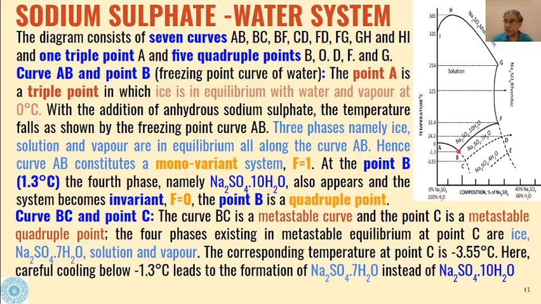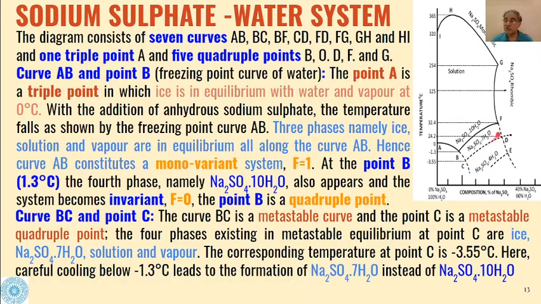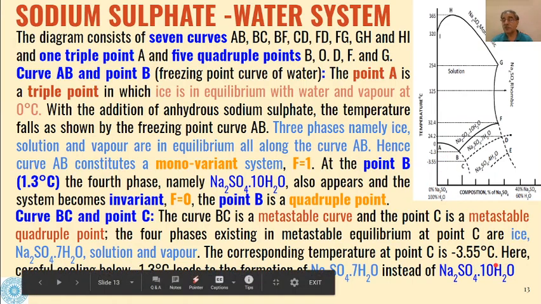From point B to point C, this curve shown by a dotted line is a metastable curve, and point C is a metastable quadruple point. The four phases in equilibrium at point C are sodium sulfate heptahydrate, ice, solution, and vapor. The temperature corresponding to this point is minus 3.55.